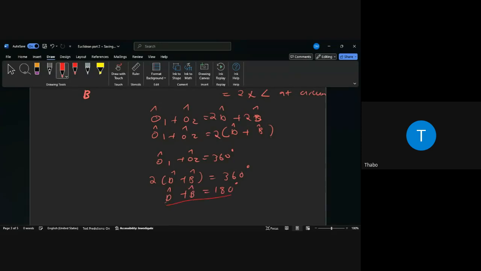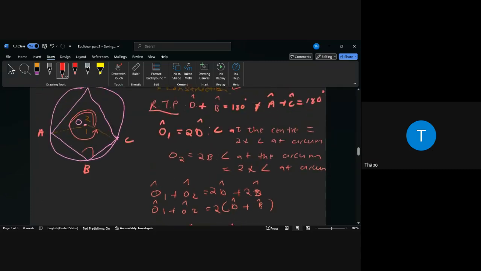I'm done proving that angle D plus B is equal to 180. So far, is anyone confused? Please confirm with your voices.